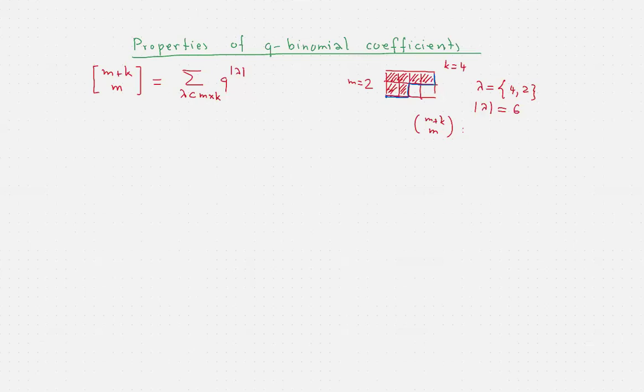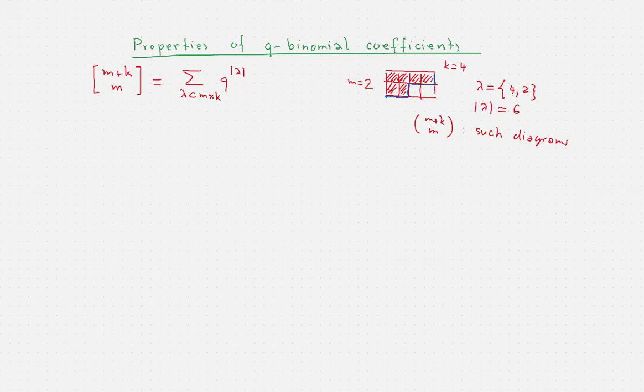Actually, technically, if we choose m, that's when we choose our vertical steps rather than the horizontal steps.